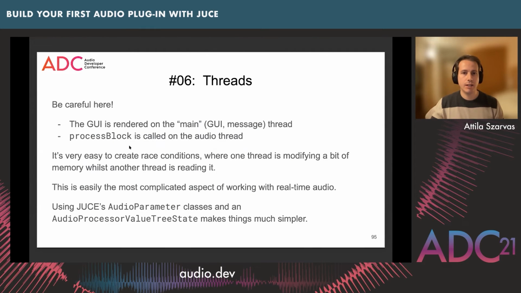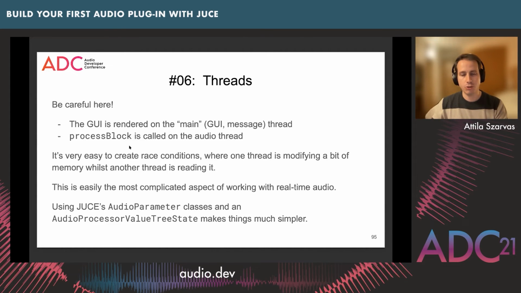And I would also like to mention something that has been said before. When you have a plugin with some user interface, you are working with at least two threads. One of the threads, the audio thread, is responsible for calling the processBlock function, which we were previously modifying. And there is a separate thread, which is rendering the graphical user interface.